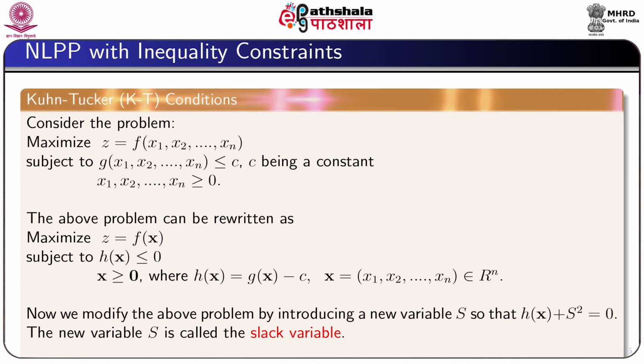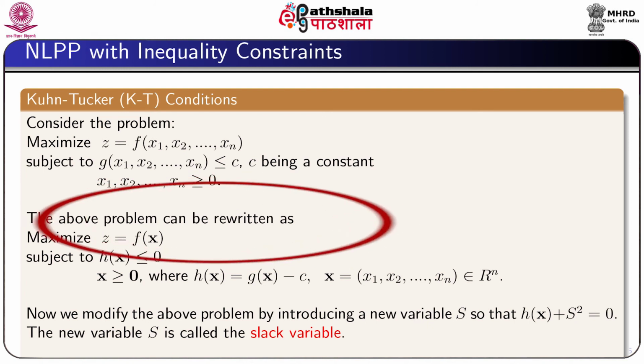Suppose that we are given the problem maximize z equal to f(x1, x2, up to xn) subject to g(x1, x2, xn) less than equal to c, where c is constant, and x1, x2, xn greater than equal to 0.